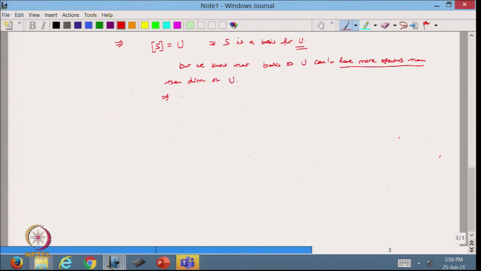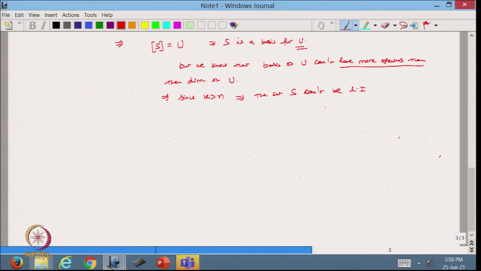So, from here I can say that since k is greater than n, the set S cannot be linearly independent, because if it is a basis containing n elements, we know that more elements than n will be linearly dependent.